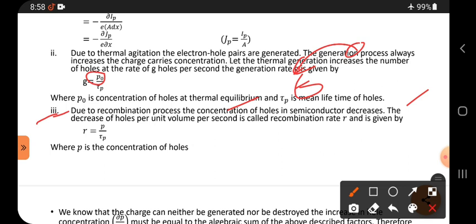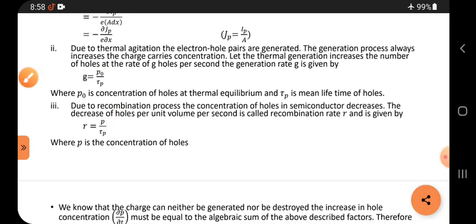The decrease of holes per unit volume per second is called the recombination rate, and it is given by R equals p by tau p. Why p by tau p? The recombination time is the same tau p as for generation. P naught is the beginning concentration, and p is the concentration of holes after some recombination.